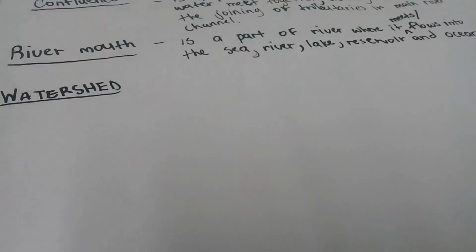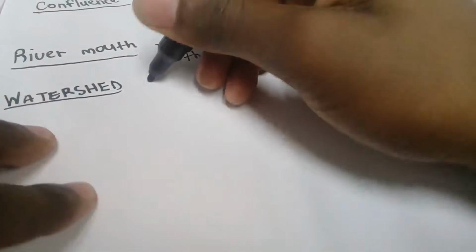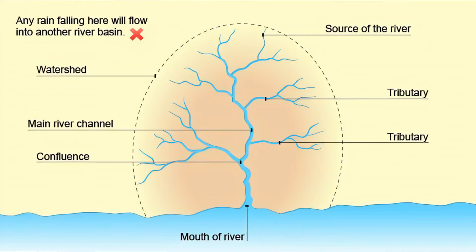As you can see in the diagram, we have a red X. That red X represents that it can be another river basin, another drainage basin.